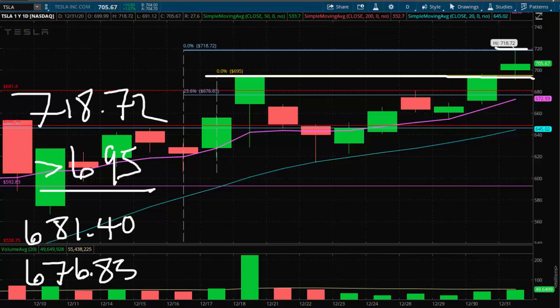Okay, so big picture, it's breaking out over 500, right? Short term, breaking out over 695. These are the two support levels below. And that's the first resistance going into next week. Okay, those are the key levels to watch. Trade it however the hell you want. I'm just giving you the key levels to work with. Okay, and I'm telling you that it is clearly bullish.